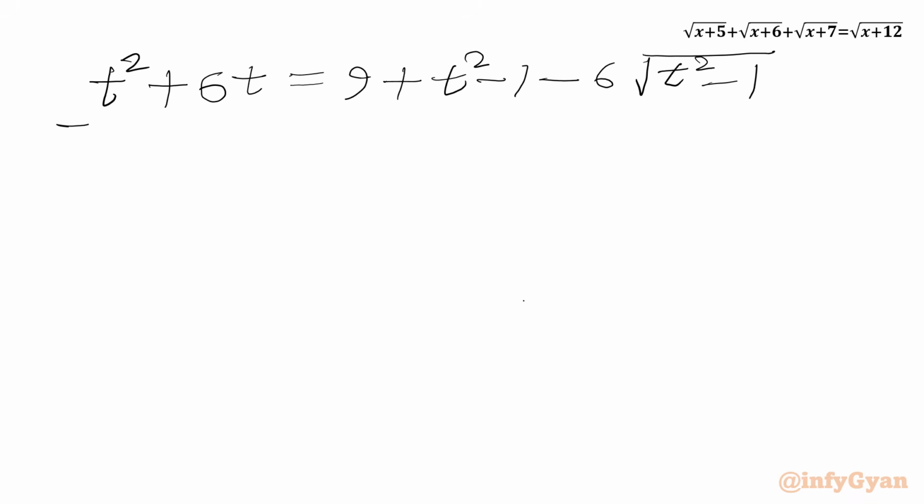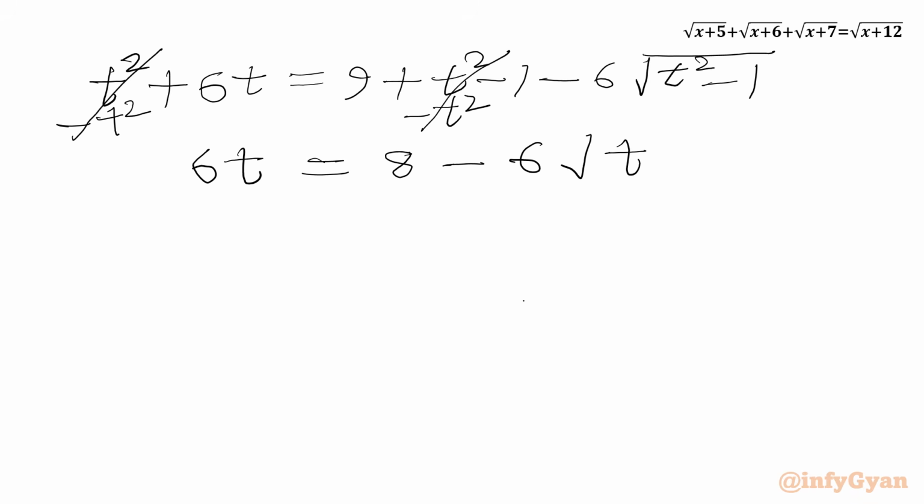Now we will subtract t square from both the sides to cancel t square. Now in LHS there will be 6t. In right hand side 9 minus 1 is 8. Then we have minus 6 times square root of t square minus 1.